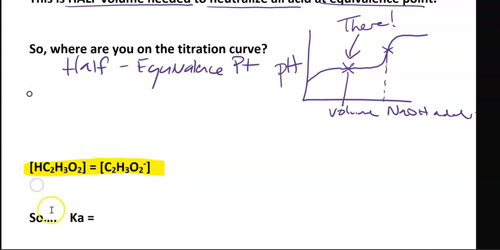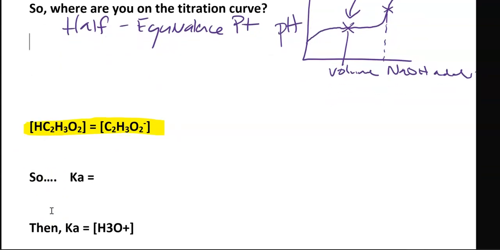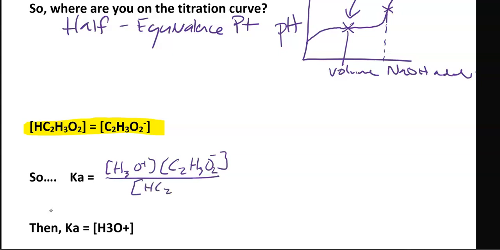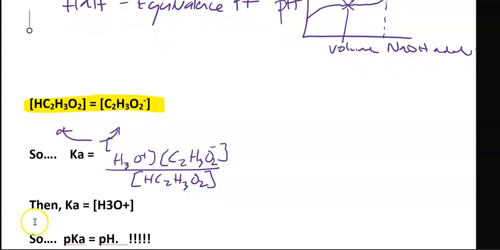Okay, so let's talk about the Ka for this. You know that when you write a Ka expression, you do products over the reactants. But if these are equal to each other, then I think we can just simplify that and say that the Ka equals the hydronium concentration.